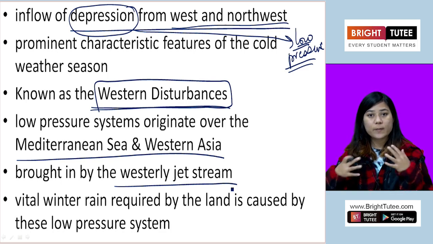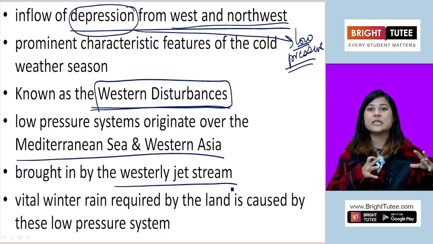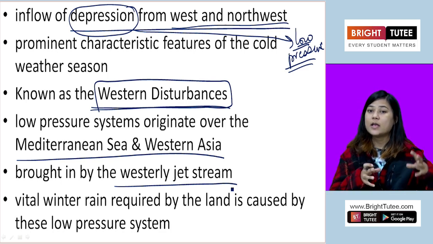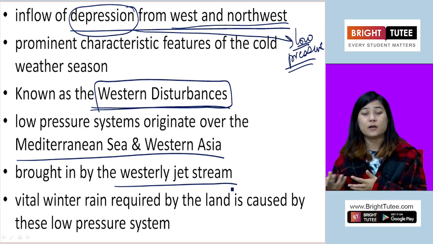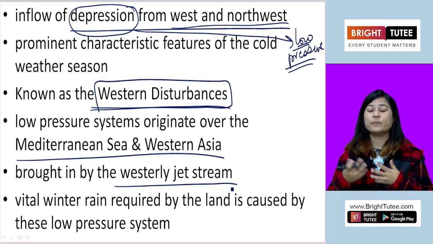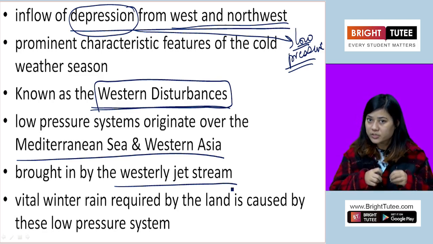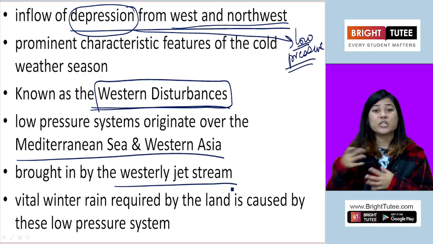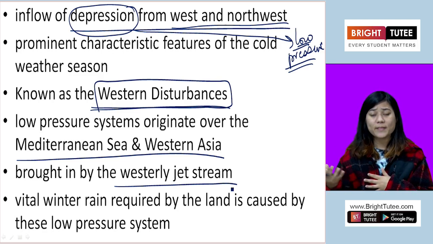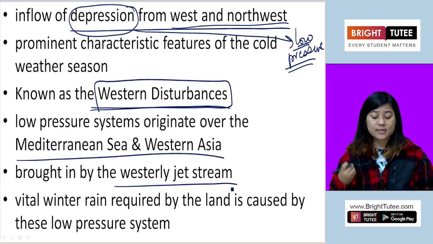Okay, so always remember it's not only these winds which are influencing the weather, but at the same time there are so many movements, but these are just some of the important ones which are influencing or causing the weather or the temperature to change in India.